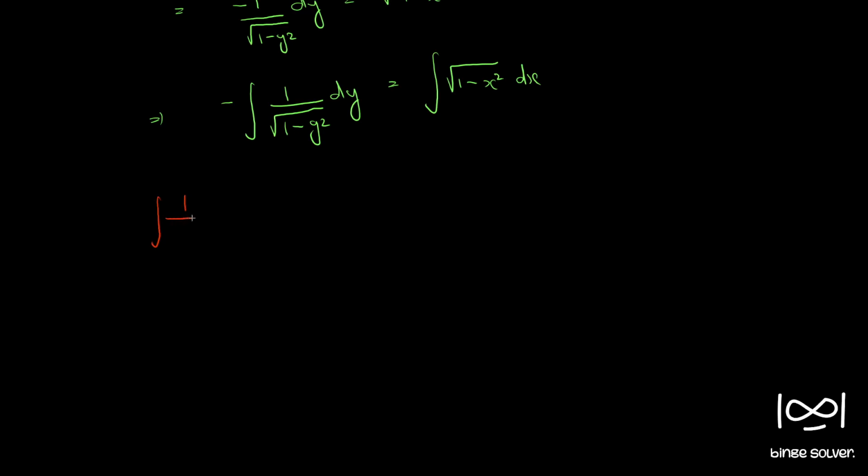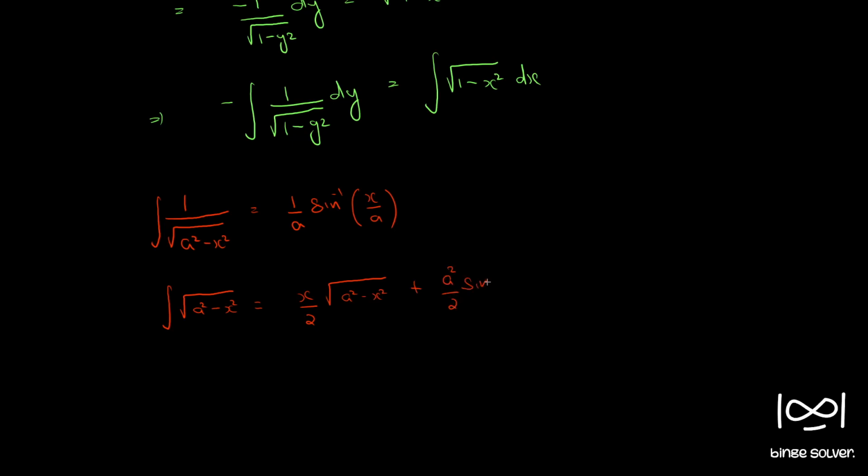The integral of 1 by root of a square minus x square is equal to 1 by a sine inverse x by a, and the integral of root of a square minus x square is equal to x by 2 into root of a square minus x square plus a square by 2 sine inverse x by a.